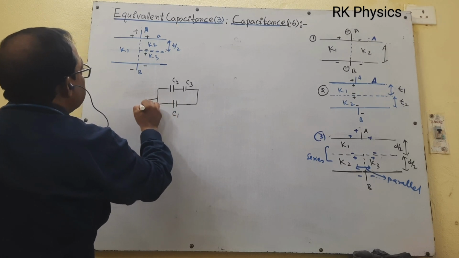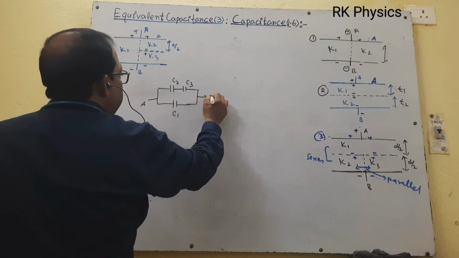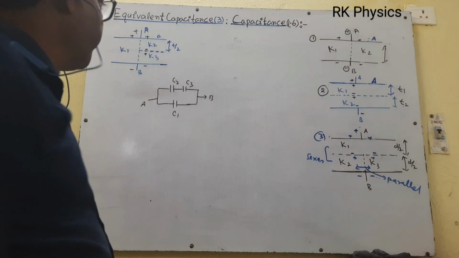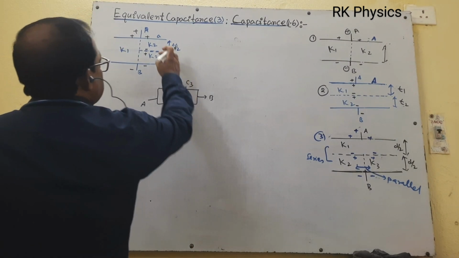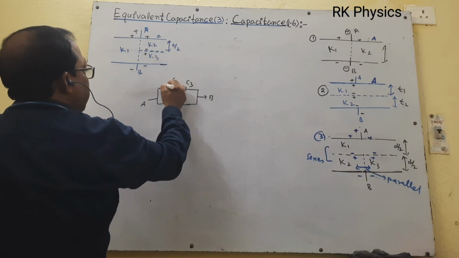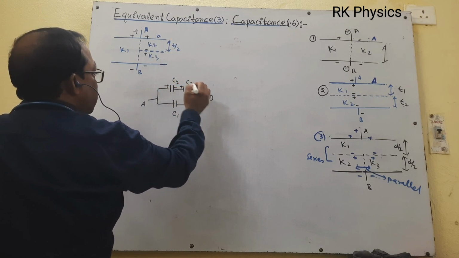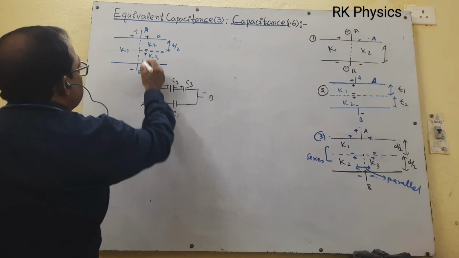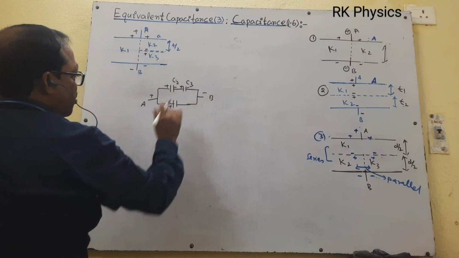So on the C1 side you take one side A, another side B. So this is the combination. Now C2 and C3 are connected as plus minus, minus plus.